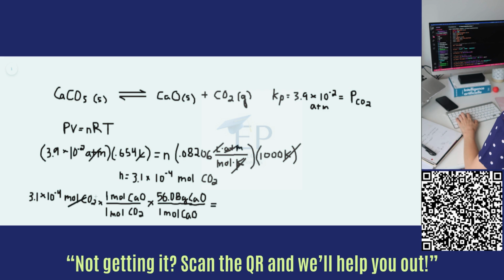Units should cancel. We have moles of CO2 on top and bottom, moles of CaO on top and bottom. We're just left with grams of CaO, which is what we wanted. If you do this, you get an answer of 0.017 grams of CaO.